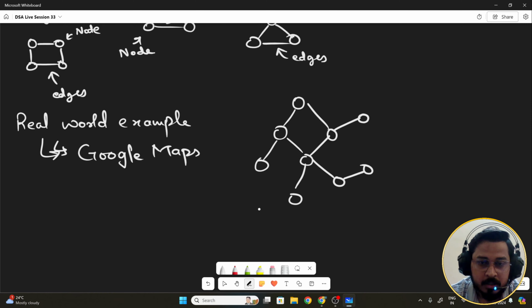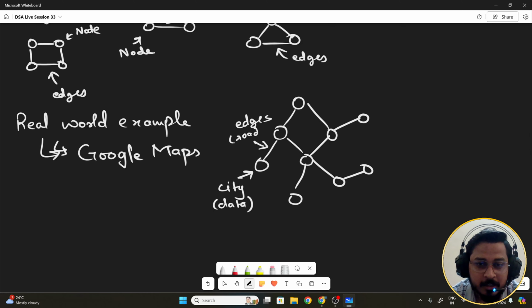Okay, this is also a graph where this can be a city, which is our data, and these are the edges, or you can say roads, connecting multiple cities all together. So these red ones are nodes or cities basically, and these green lines are what you call the edges, or roads in this case.